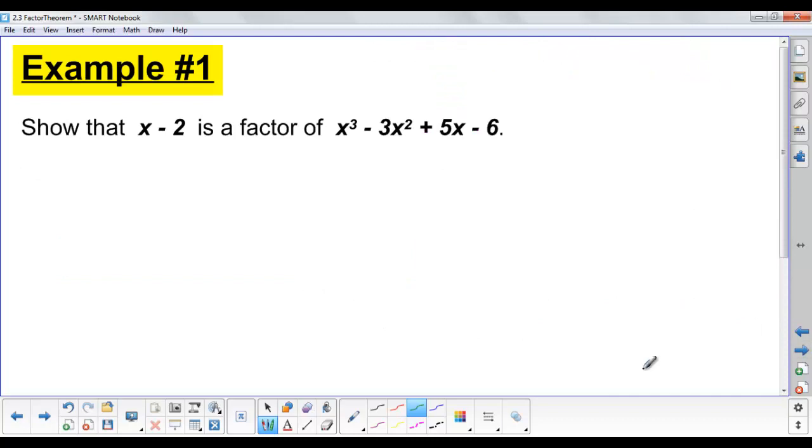Okay, so this next question, we want to show that x minus 2 is a factor of x cubed minus 3x squared plus 5x minus 6.